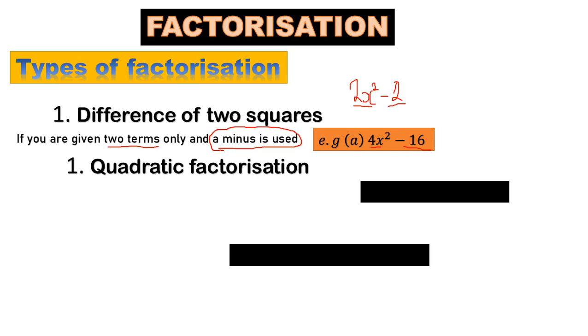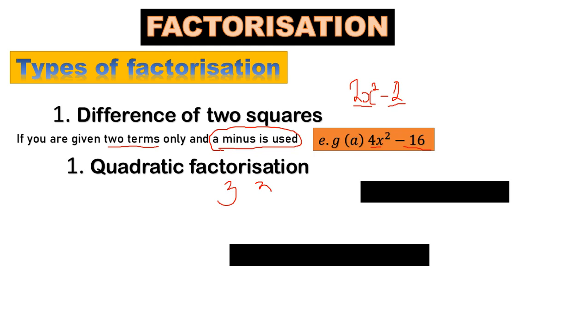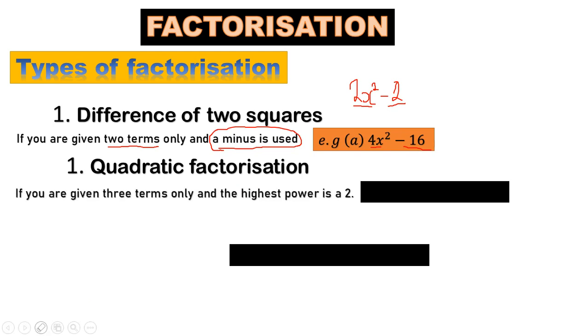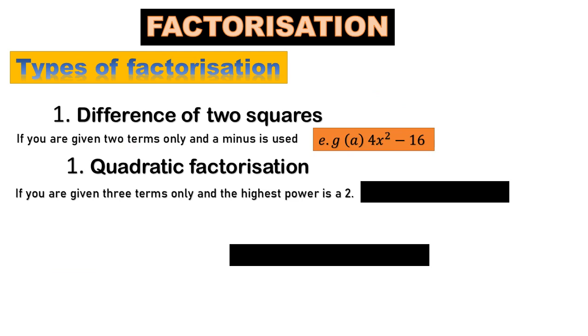Here you'll be given three terms, and the highest power will be a 2. So if you've been given three terms and you find that the highest power is a 2, just know that that is a quadratic factorization.